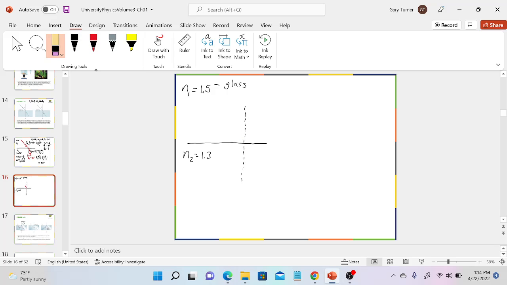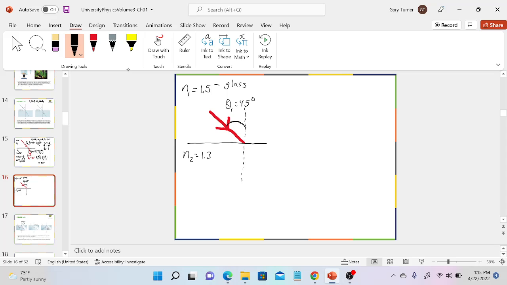That's not 45 degrees. That's closer to it. And so, whoops. That arrow is pointing the wrong way. There we go. And the angle is going to be 45 degrees.